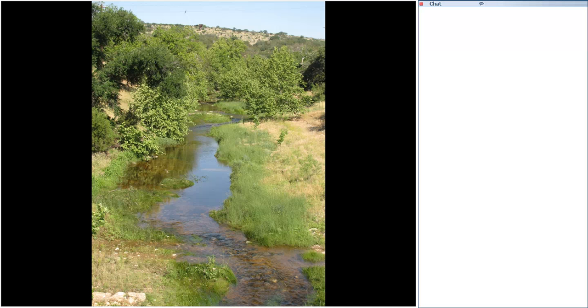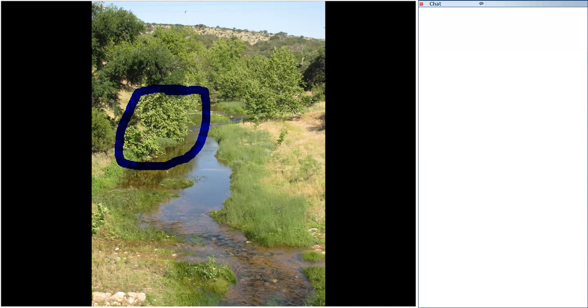And riparian habitat, as I mentioned, has that variety of herbaceous and woody plants, including those that may be low-growing, not necessarily the tall trees, but small trees and shrubs that we may have lost there.